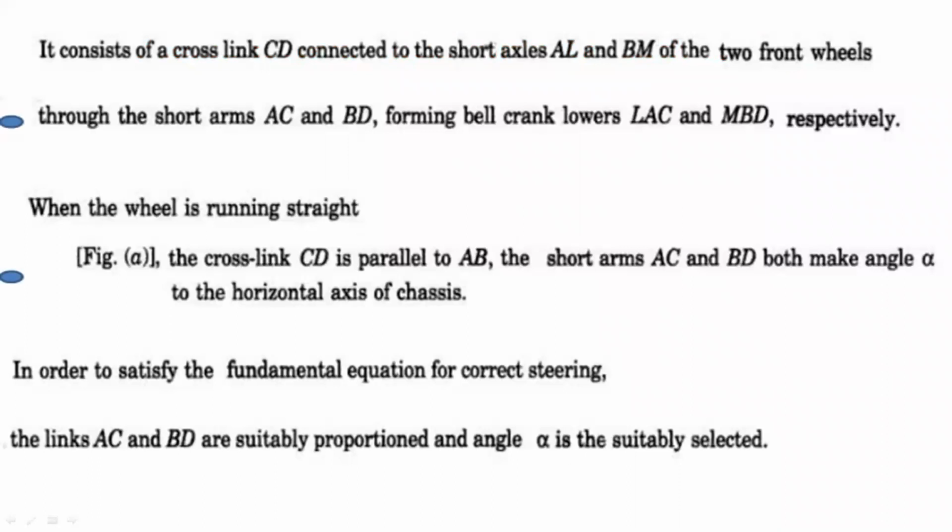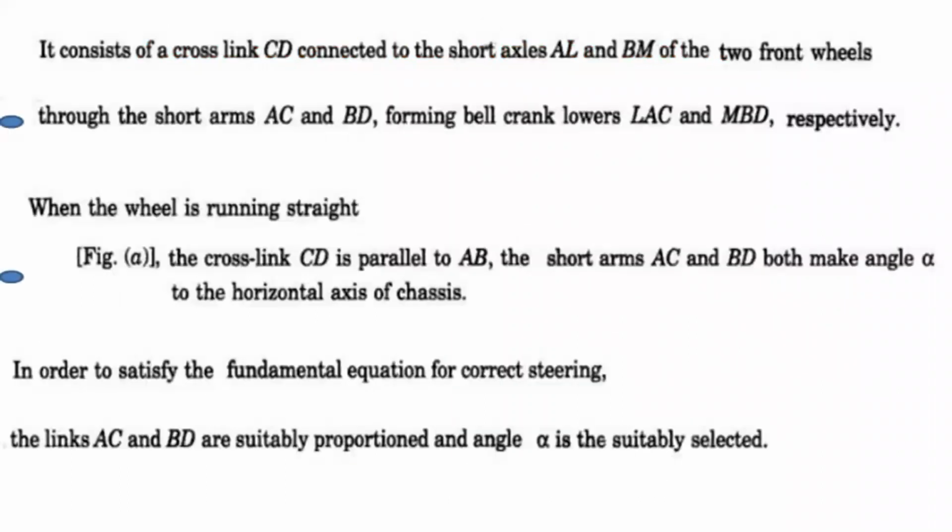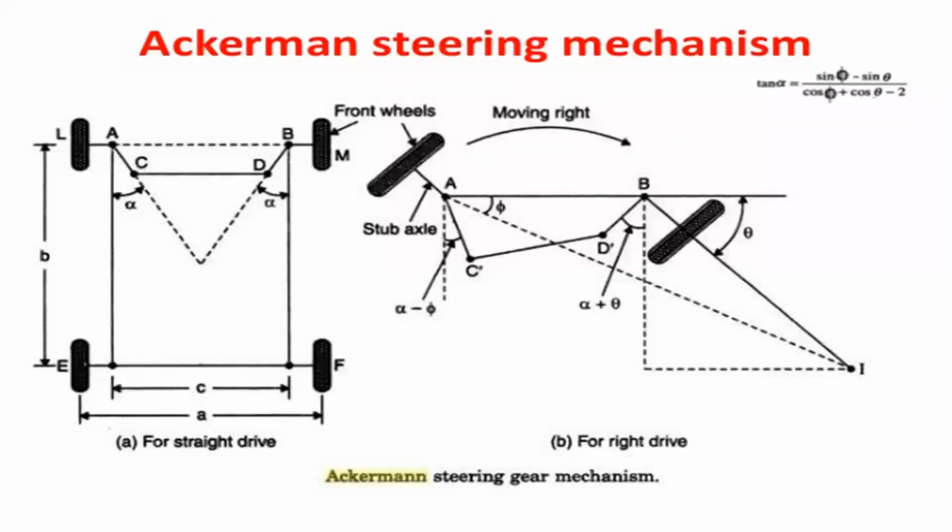And next, the short arms AC and BD both make angle alpha to the horizontal axis of the chassis. So when the vehicle is moving straight on the road, the crosslink CD and the link AB are in parallel position.